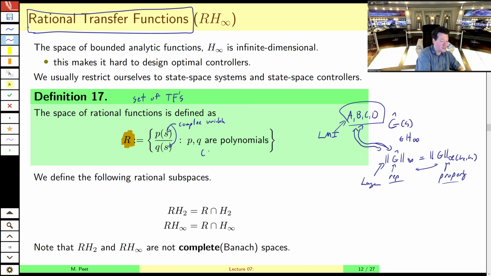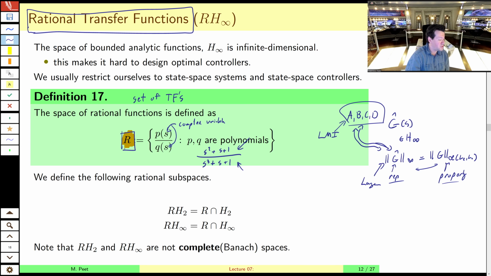For example, if we had s squared plus s plus 1 over s cubed plus s plus 1, that's a rational transfer function because both of these are polynomials, right? So we're going to restrict ourselves to transfer functions which look like this, basically. A polynomial over a polynomial, and we give that a little letter, r.